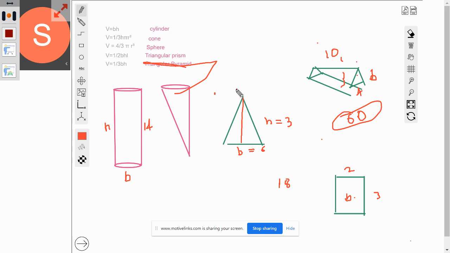But this is a triangular pyramid, so a triangular pyramid is 1/3 of a rectangular prism. So let's get to it. 18 divided by 3 is 6. So there you have it, your volume.